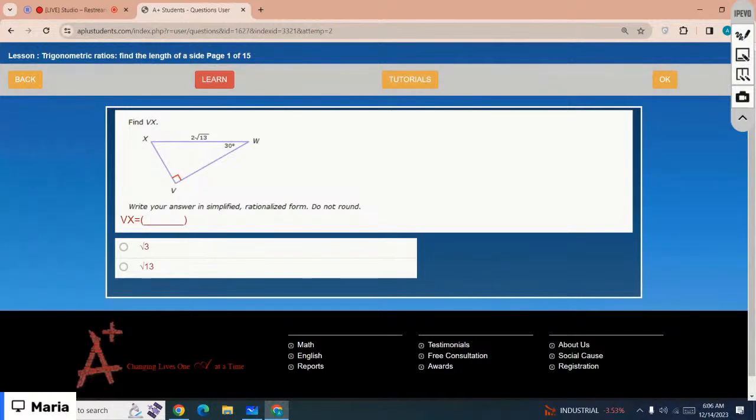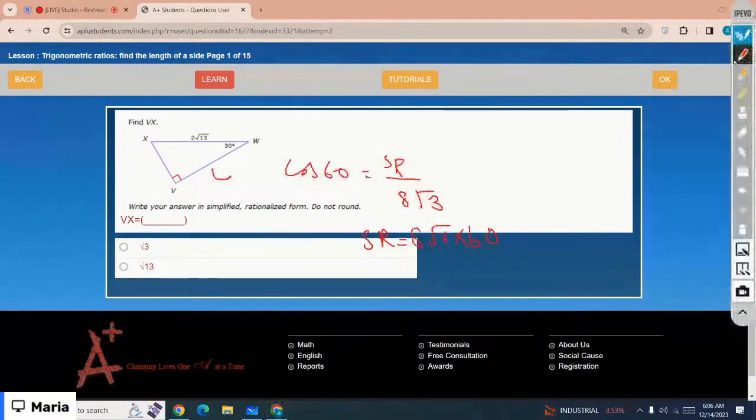So you have to calculate cos of 30. If you calculate cos 30, you need to calculate Vx.